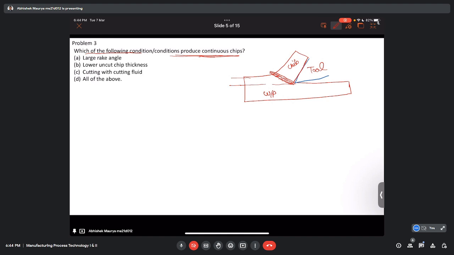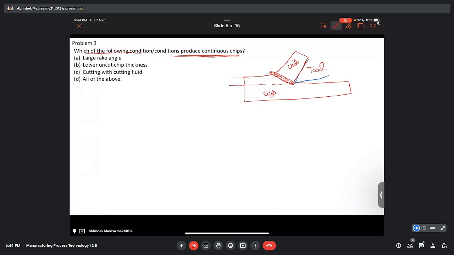And if we try to machine some brittle material, let's say cast iron or some more brittle material, then we will not get continuous chips at all. The chips will automatically break after a certain length, because of the brittle nature of the material.